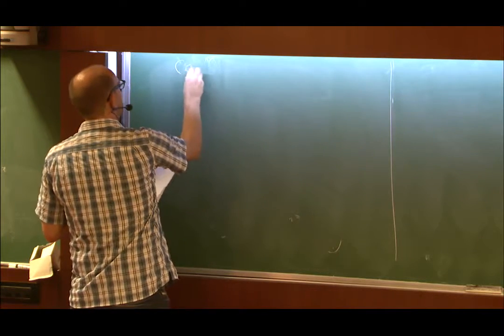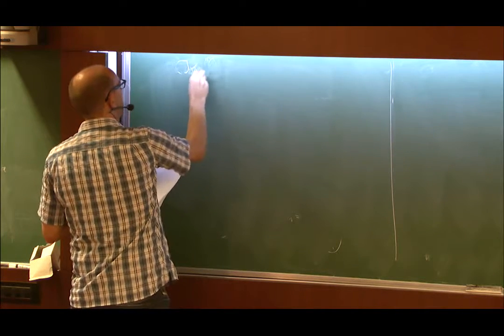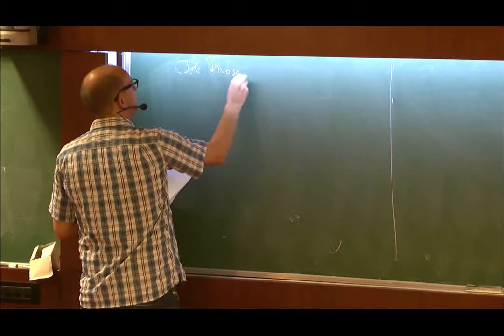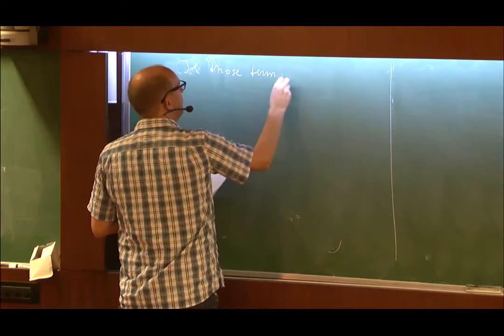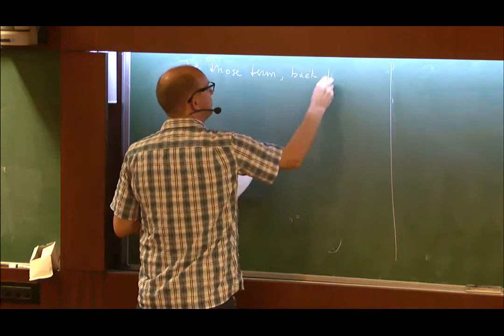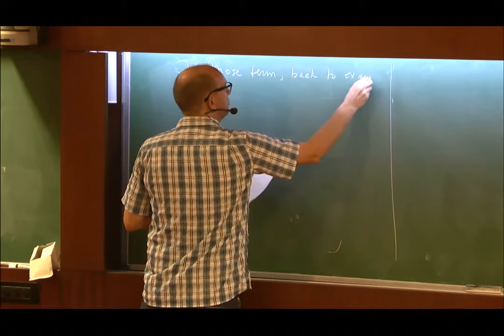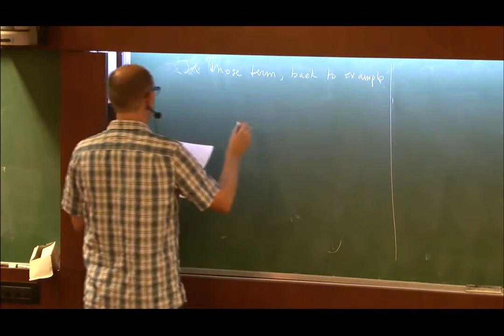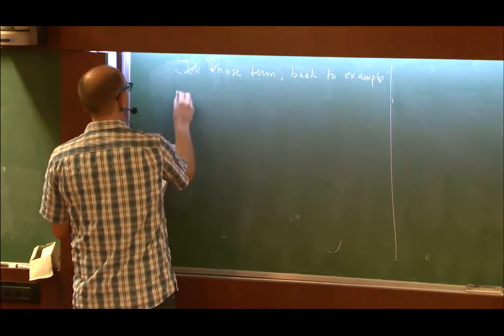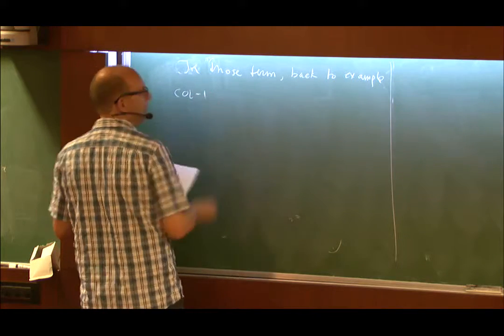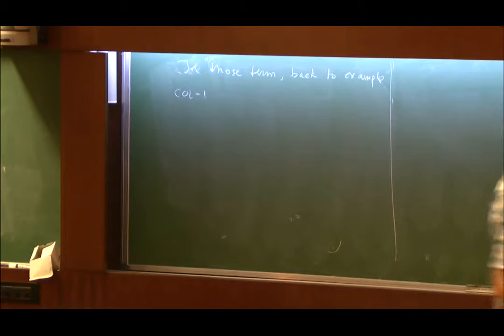Go back to the example. So then we have the collinear one solution, this one, where alpha 3 is 0.